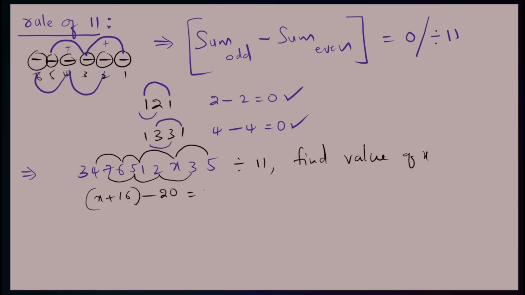This should be either 0 or a number divisible by 11. A number divisible by 11 is nothing but multiples of 11: 11, 22, 33, 44, whatever it is. Now you can clearly tell that the value of x is 4. If the value of x is 4, then the number is exactly divisible by 11.